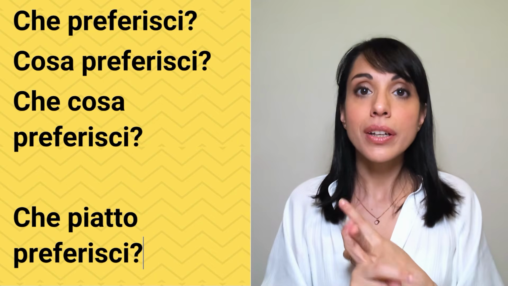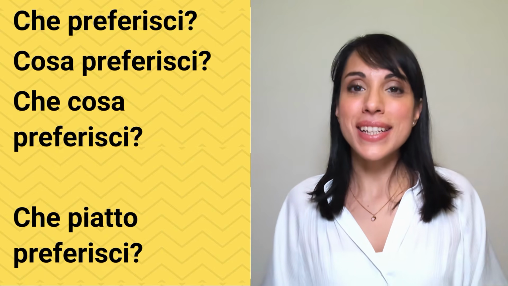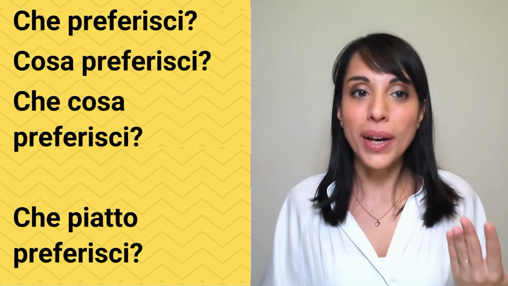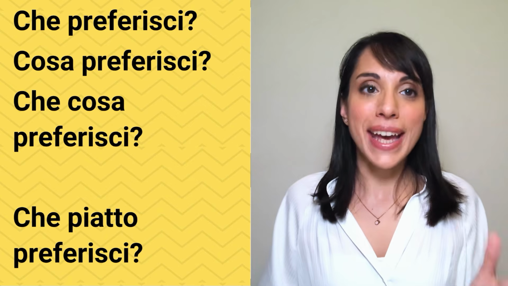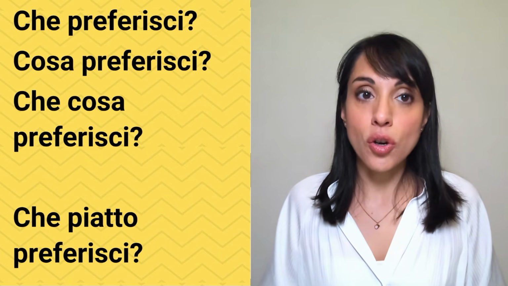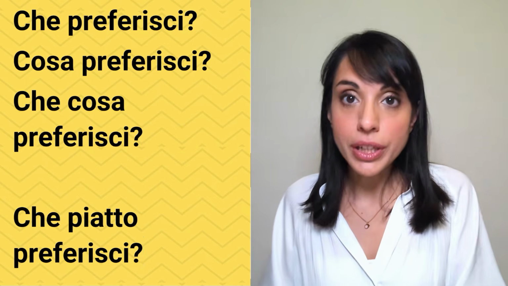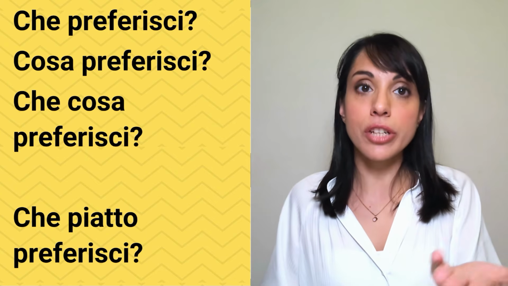The second trick, always stick to che. As you can see from these examples, che is the only one that always works. So che works with a verb, che works with a noun. Cosa and che cosa only work with a verb. So we can say che piatto preferisci, but we can also say che preferisci.